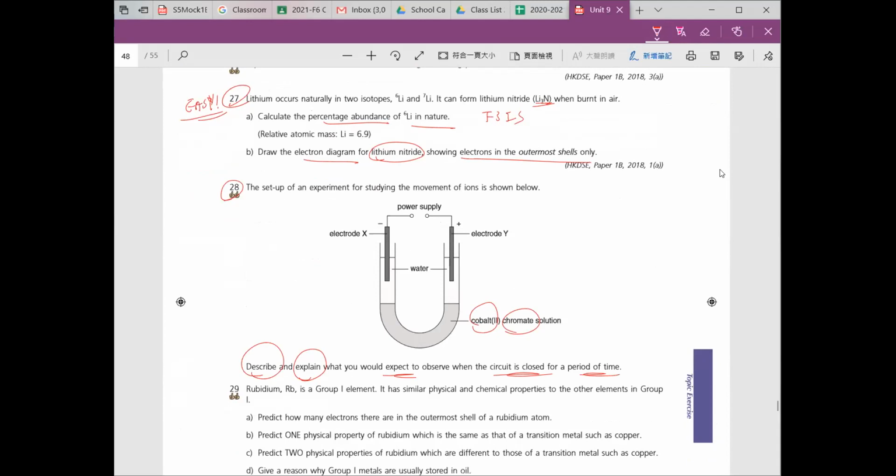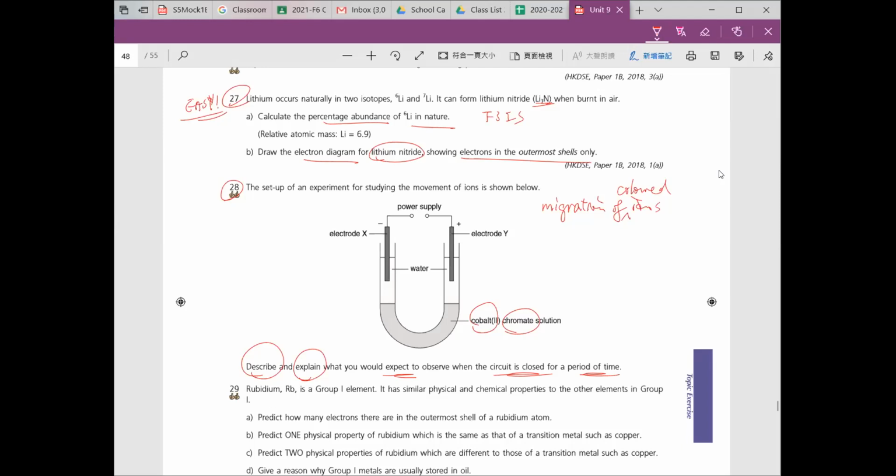So, Tam Guan Yao, tell me the color of cobalt(II) chromate. So what is the color of cobalt(II) chromate? Yes, it is something related to migration of ions. And this time, the ions are colored. Tam Guan Yao, tell me the color of cobalt(II) chromate. I can hear the typing sound.